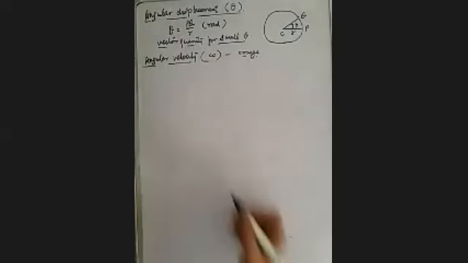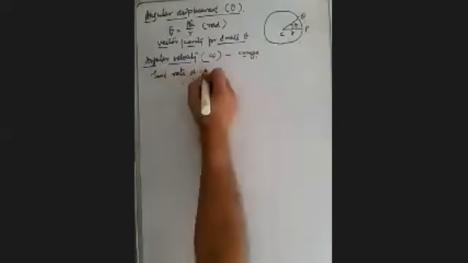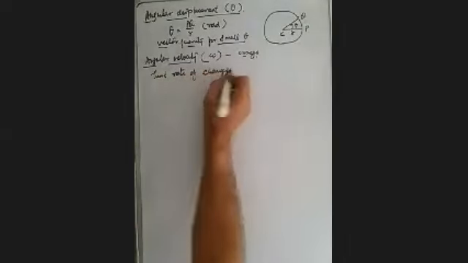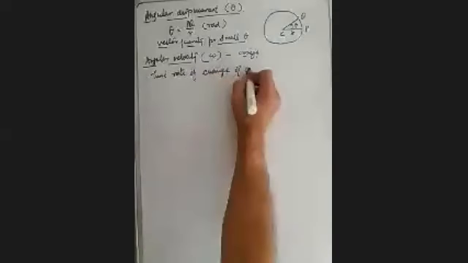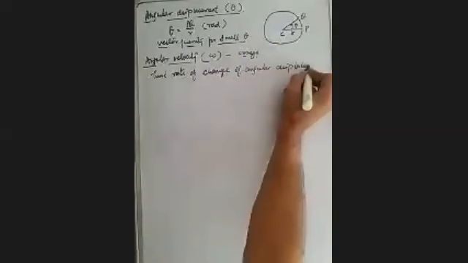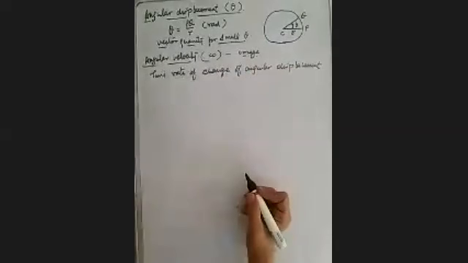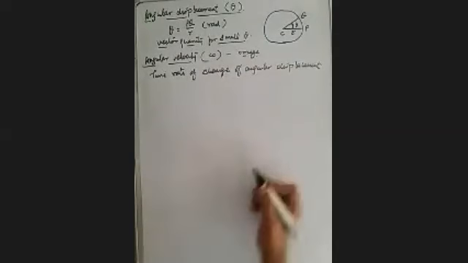It is the time rate of change of angular displacement when the particle or an object is moving in a circular motion.